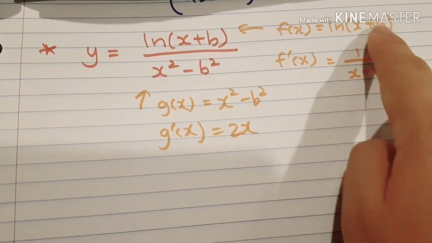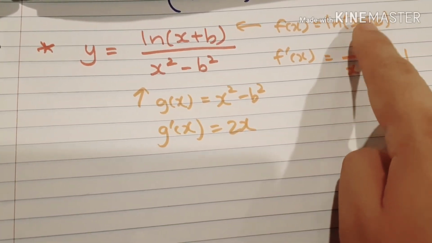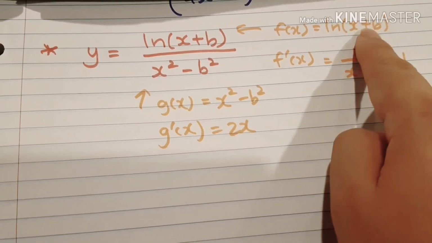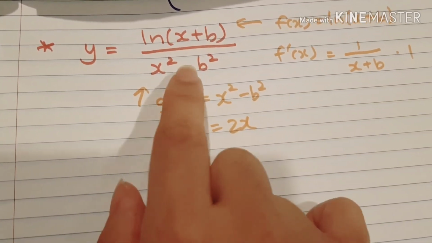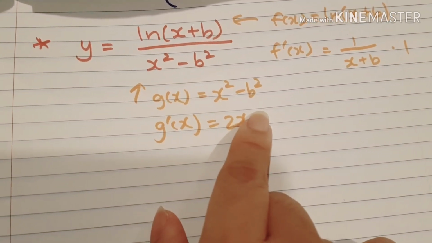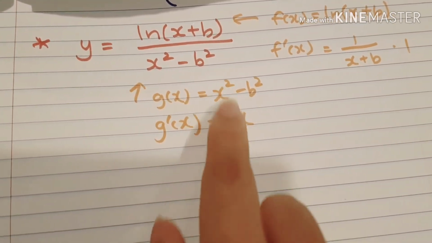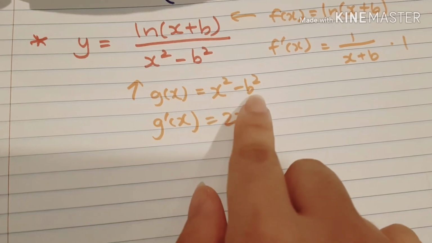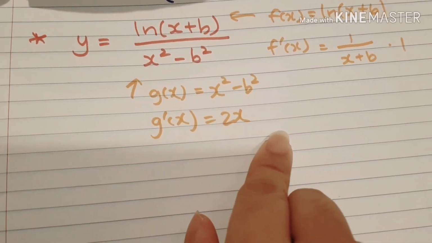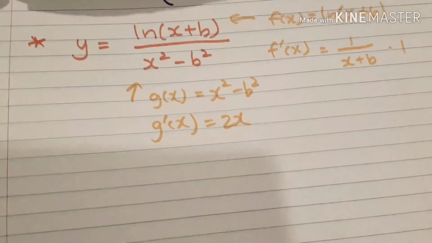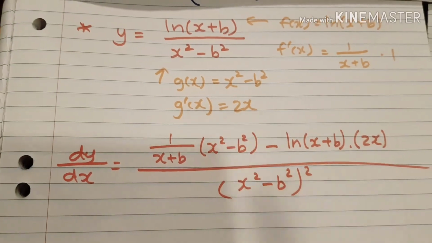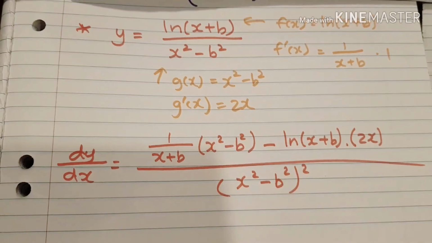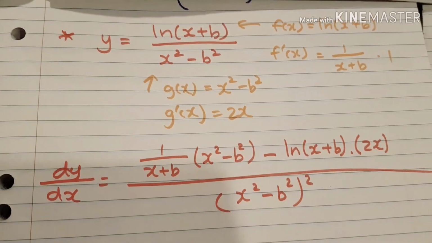But you have to differentiate what was in the bracket, which is 1, because b is just a constant, right? Same with this one. That one, I can differentiate it. It's going to be 2x. However, b is just a constant, so it will disappear. Okay, now let's just apply the formula and write it down. There you go. Hope you get the correct answer.